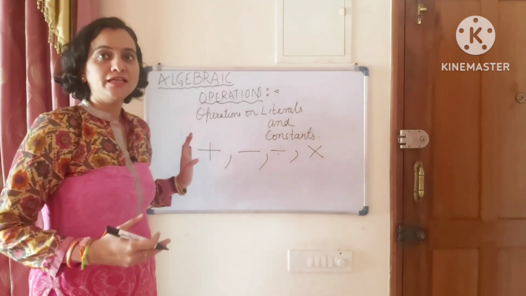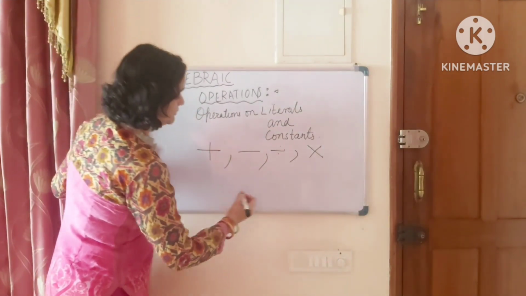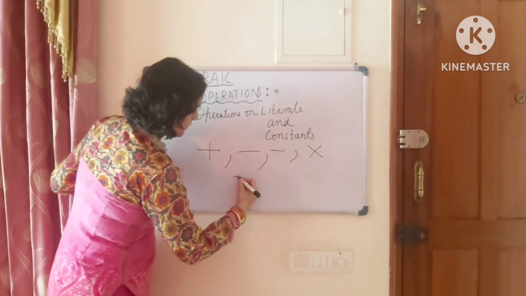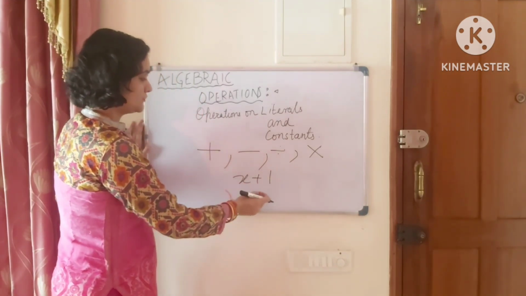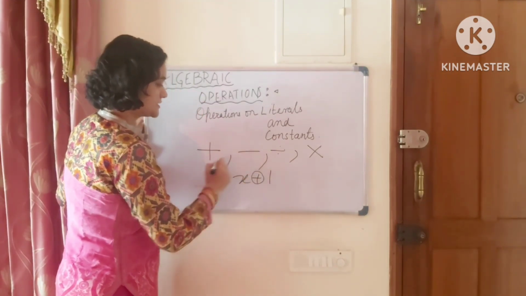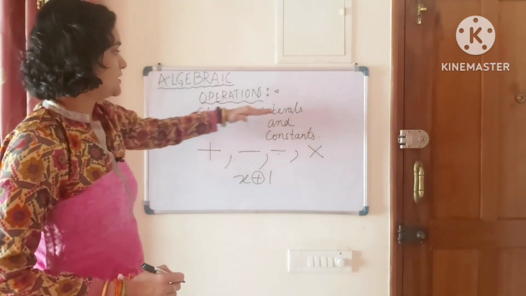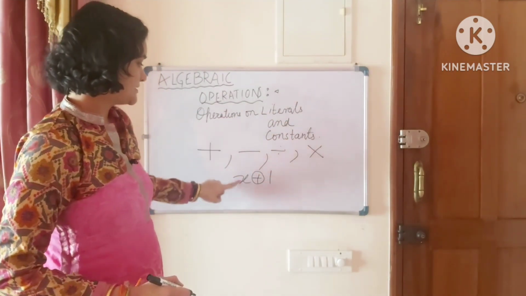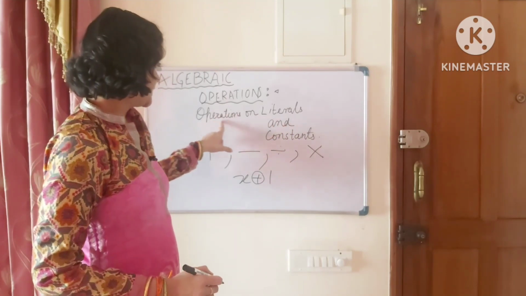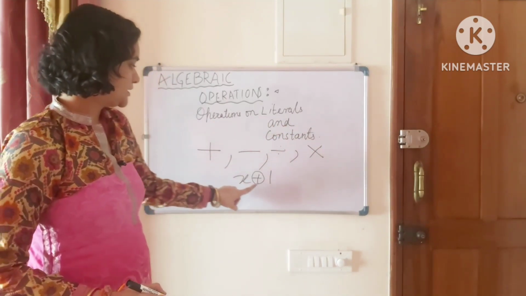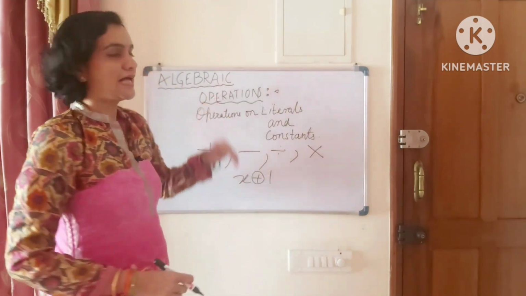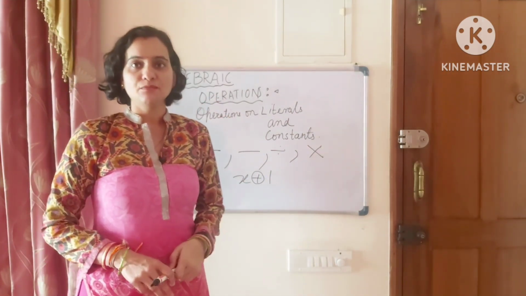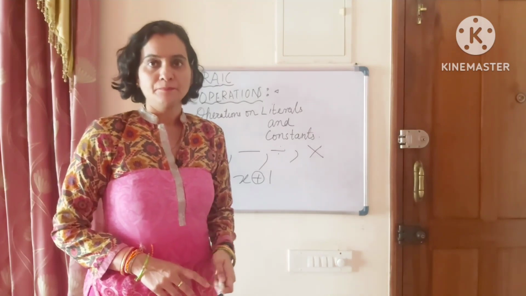Like we discussed that for every year our age increases by +1. So we use the mathematical operator plus here. So in operations on literals and constants, here the literal is x, the mathematical operator that I used is plus, and the constant is 1. So these are algebraic operations. We'll understand more similar algebraic operations. All right.